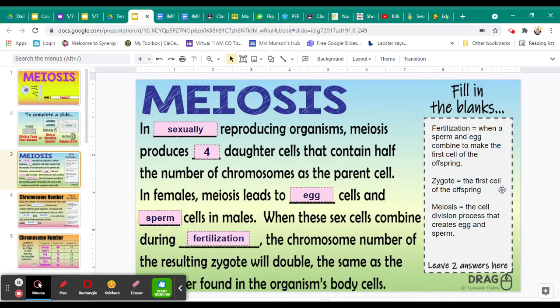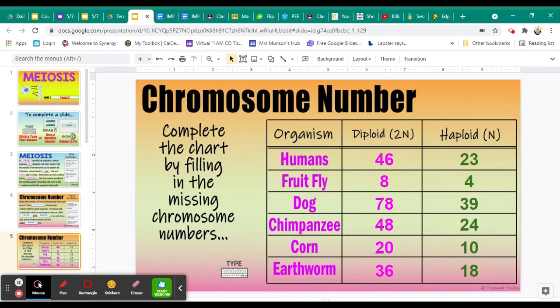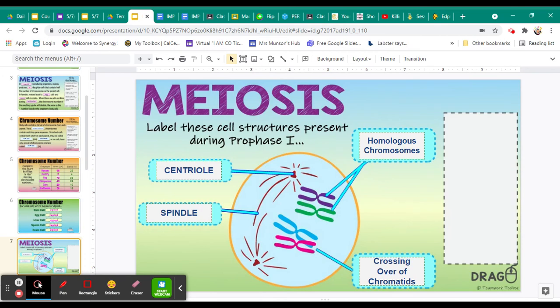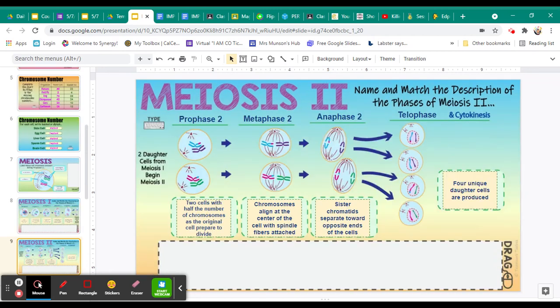Remember the notes that we took in each of the slides with definitions for the vocab. Remind yourself of all the things in each slide if you need that refresher before you type your answers. I'm going through each slide a little bit so that if you need to see it again, you can pause the video and see it again.